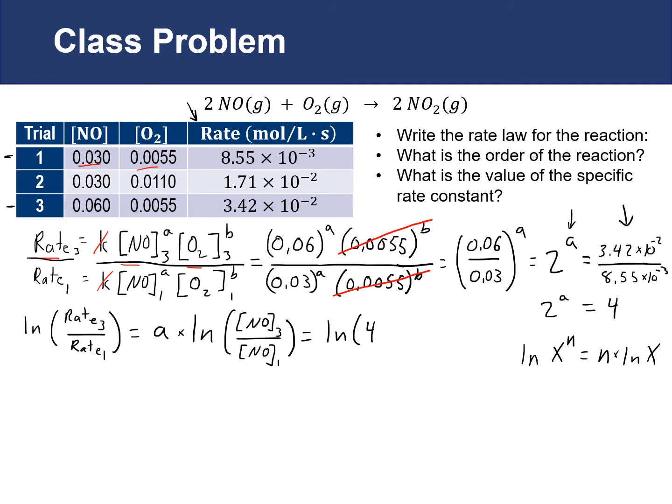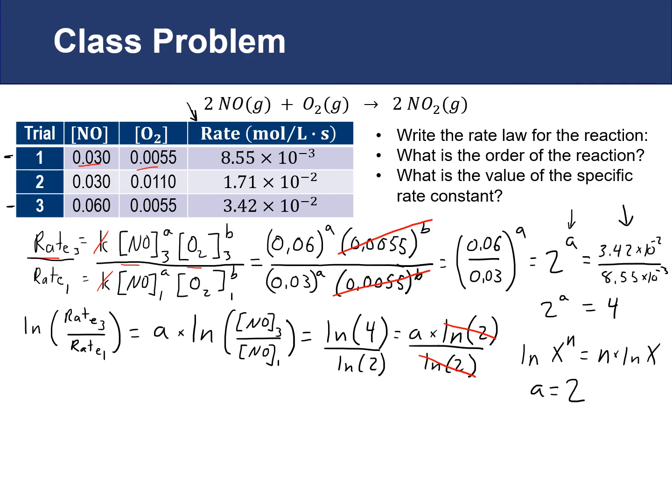That's rate 3 over rate 1, is equal to a times the natural log of 2. We can then move the natural log of 2 over to the other side. So we divide both sides by the natural log of 2. On the right-hand side, the natural log of 2 cancels out. So this gives us a is equal to the natural log of 4 over the natural log of 2. And if you plug that into your calculator, we get a would be equal to 2.